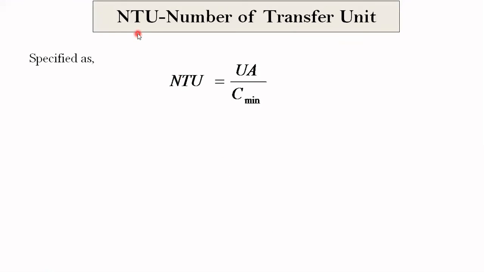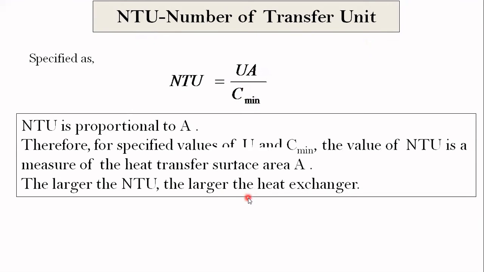Now let's understand what is NTU, that is number of transfer units. So NTU is specified as UA, that is overall heat transfer coefficient into area of heat exchange, divided by C minimum. So NTU is proportional to heat exchanger area. Therefore, for a specified value of overall heat transfer coefficient and C minimum, the value of NTU is a measure of heat transfer surface area.